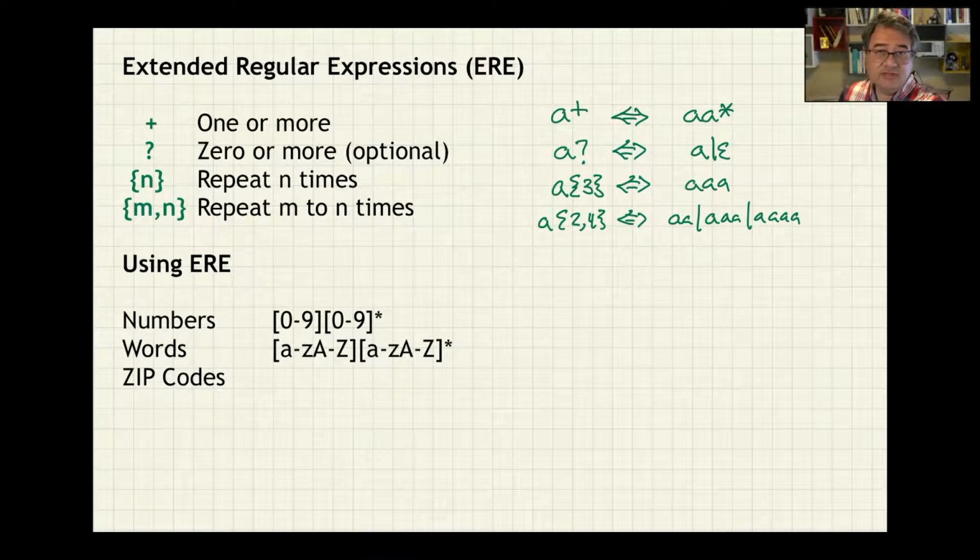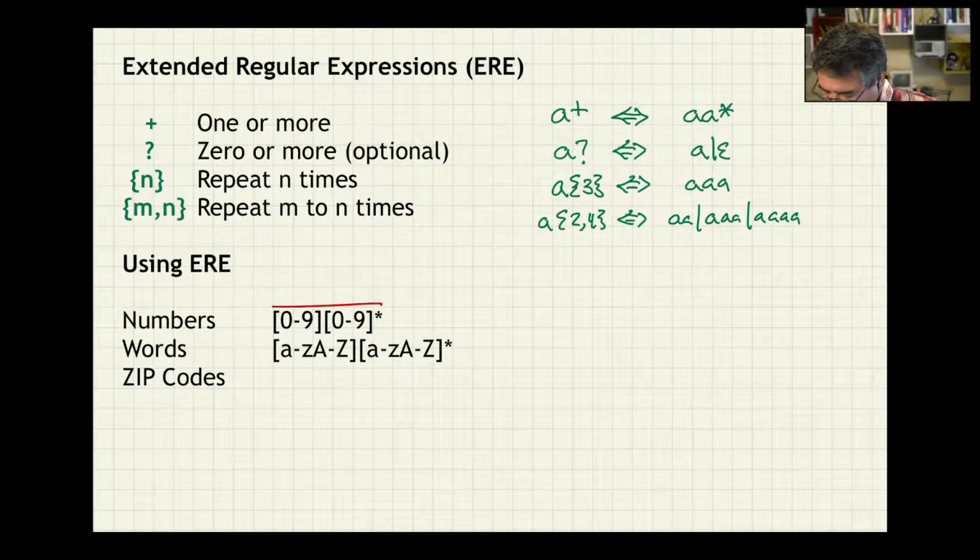So each one of these extended regular expression metacharacters can be converted into an equivalent basic regular expression. Nevertheless, using these extended regular expressions gives us much easier ways to represent things like numbers and words and zip codes. So these here are basic regular expressions. I already showed those to you.